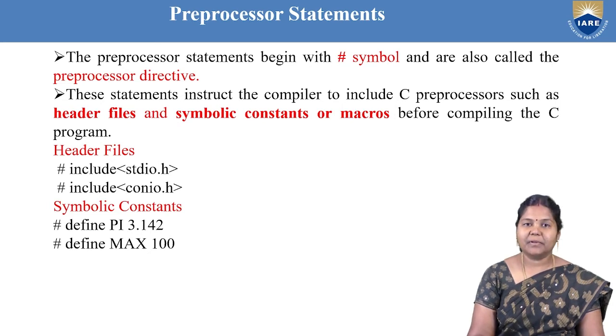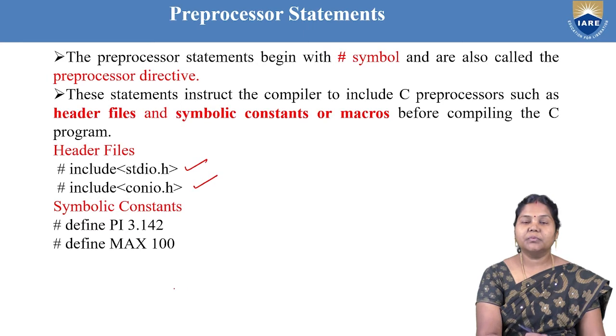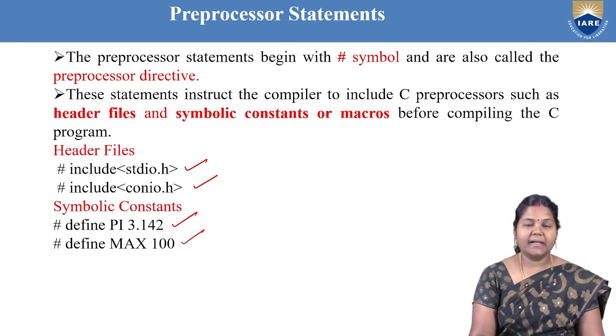A number of preprocessor directives are available to write in this section. See some examples. Suppose you want to include any header file, or your own file, then you have to write the hash include directive. If you want to define any symbolic constant, then hash define pi, hash define max, anything, you can write. You can write simple macros, you can write parameterized macros, and you can define some symbolic constants which will be applied throughout the program.